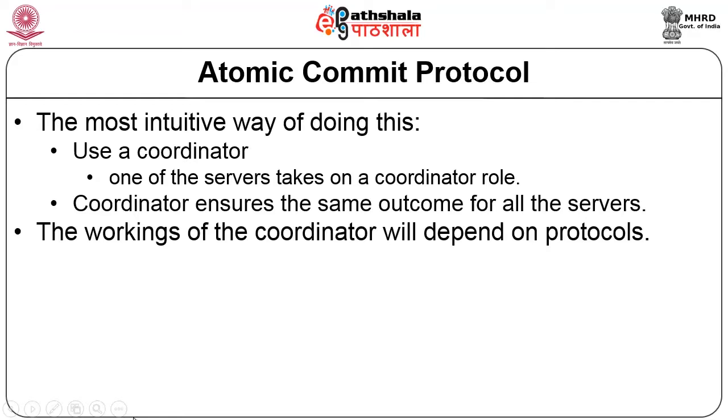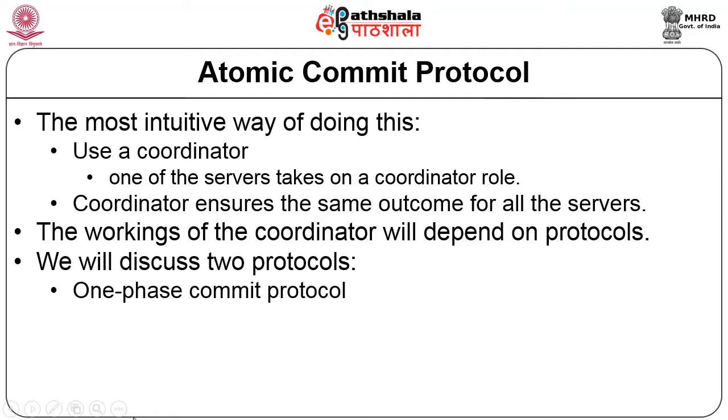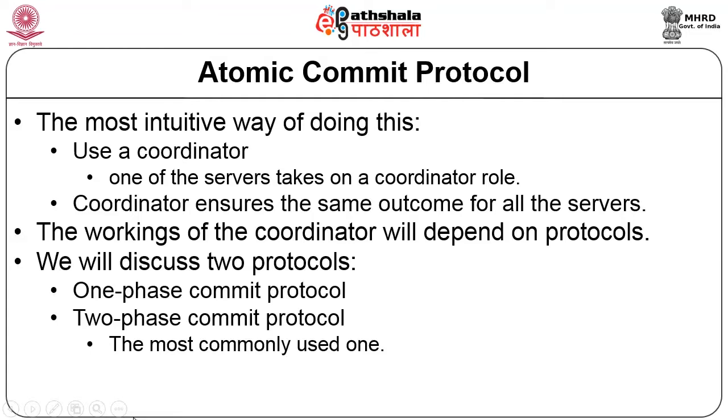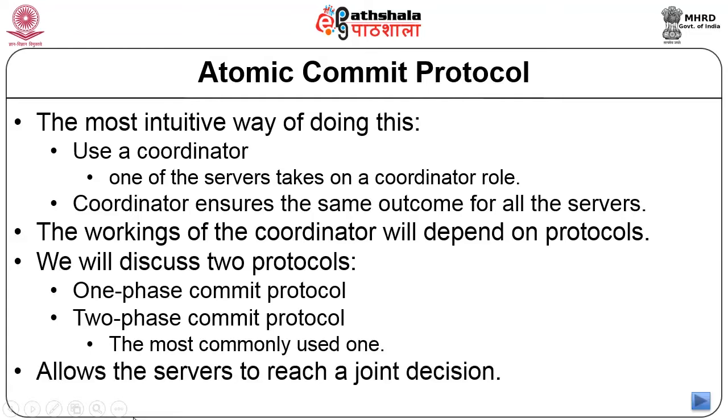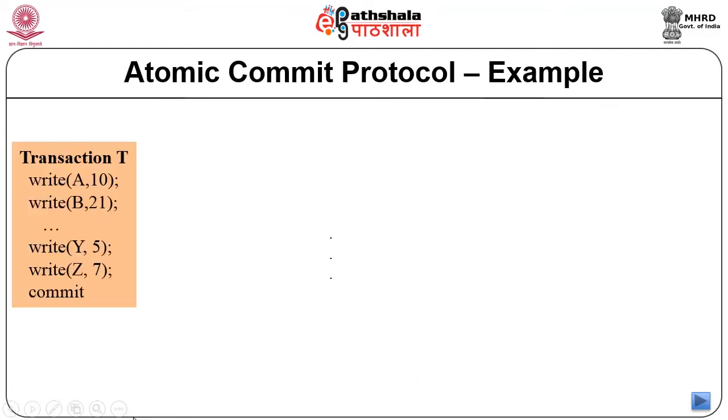How the coordinator does this depends on the protocol. We will talk about two protocols. One is called the one-phase commit protocol and the next is called the two-phase commit protocol. Two-phase is the most commonly used protocol. It allows the servers to reach a joint decision.